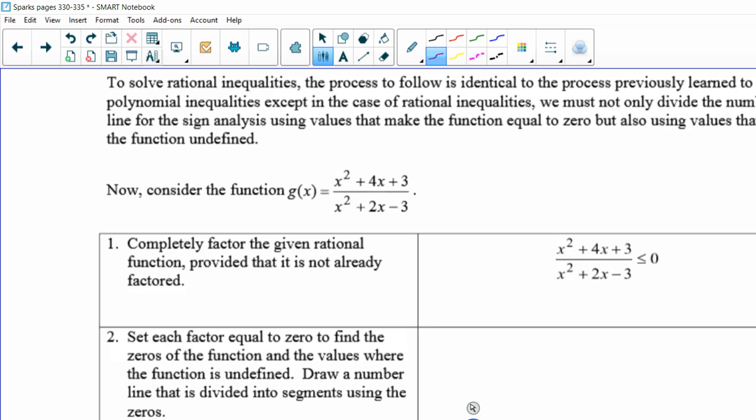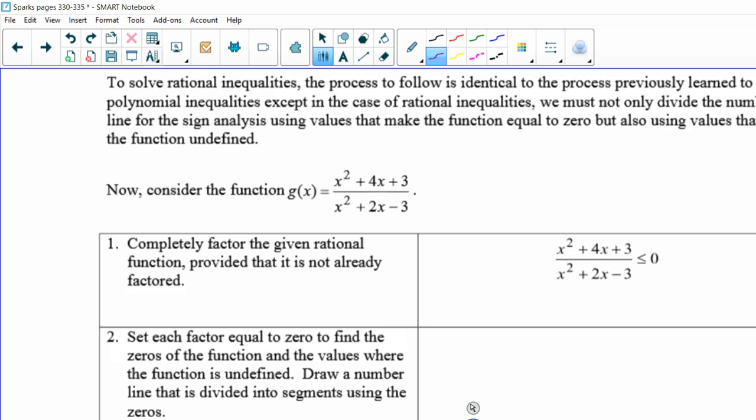Long story short, where's the numerator 0 and where's the denominator 0? We've got to find all the critical numbers. And in calculus you will learn that a critical number means equal 0 or undefined.